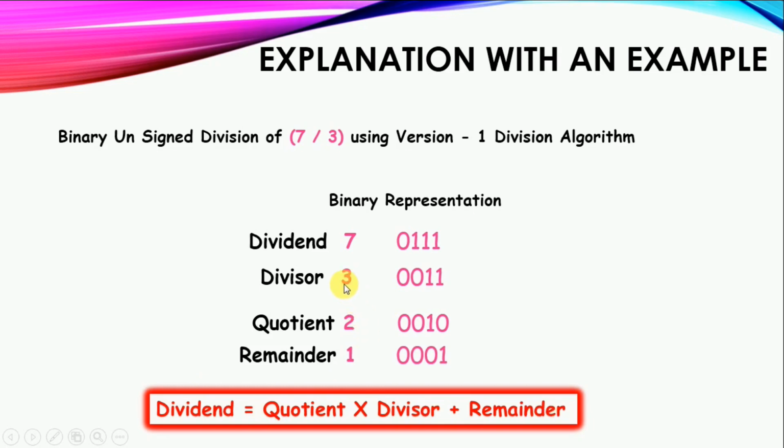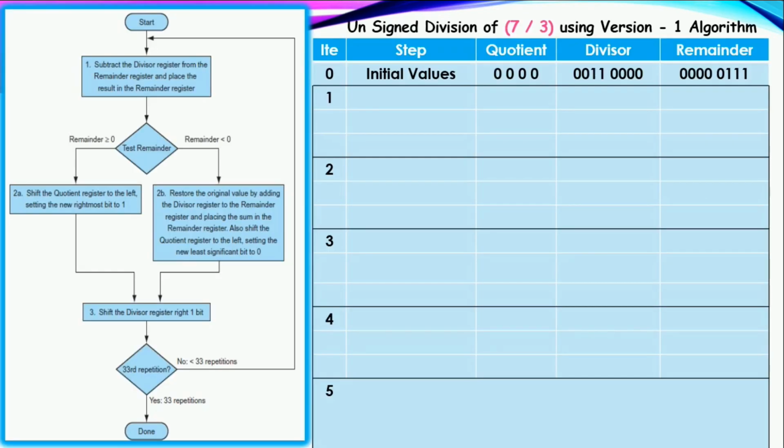Here the divisor is 3 and the quotient is 2, so 3 times 2 is 6, plus remainder 1 is 7. So it is satisfying the division rule. Now we can see the binary division of 7 by 3 using the version 1 algorithm step by step.